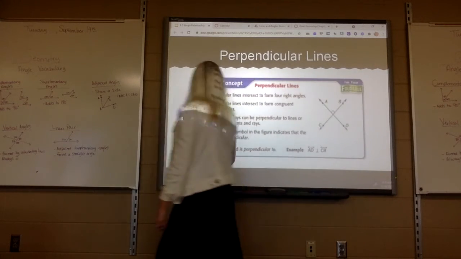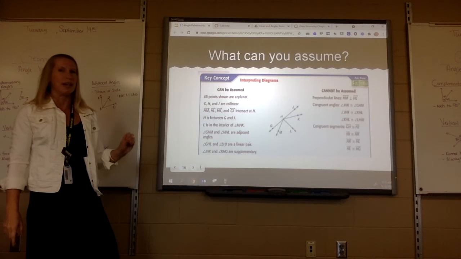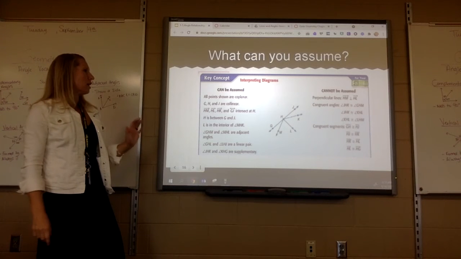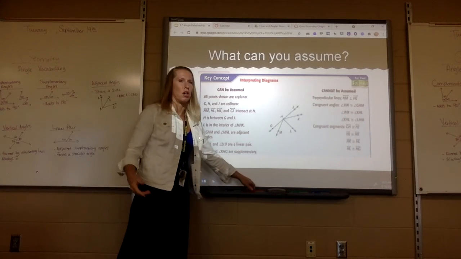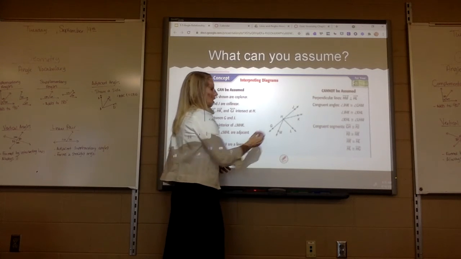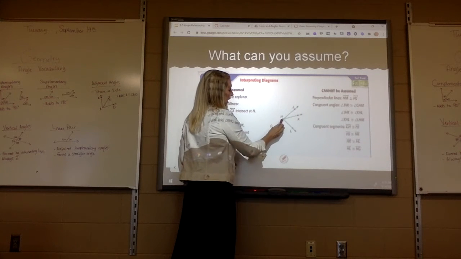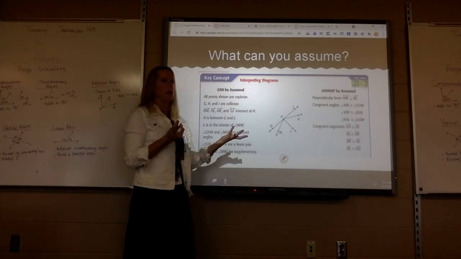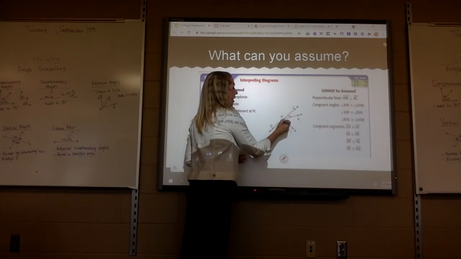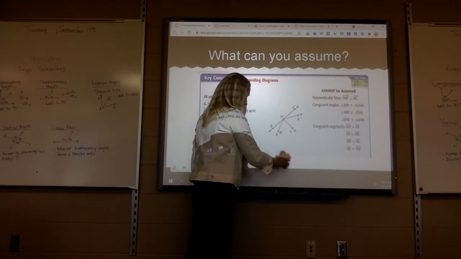Alright, so there are things you can assume and things that you cannot assume in geometry. You can never ever assume that angles are congruent. They have to be marked with humps. So like if I knew that JHK and GHM were congruent, I can't assume they're congruent unless I see humps in there. You can never assume angles are right angles.